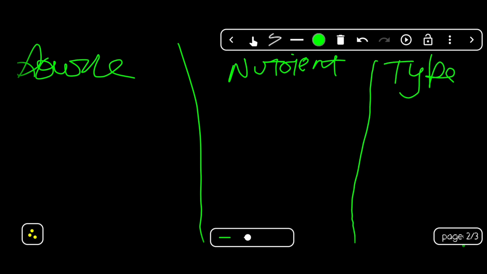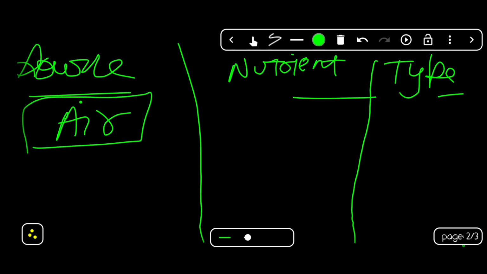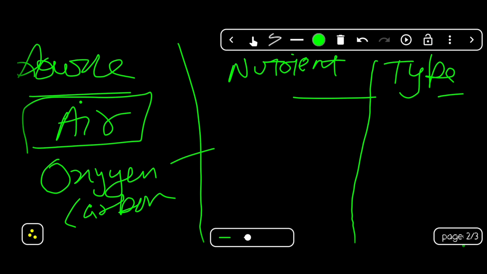There are two types of nutrients: macronutrients and micronutrients. First we are studying about air, where we get nutrients. Air contains oxygen, and air contains carbon also. These two are nutrients we get from air.